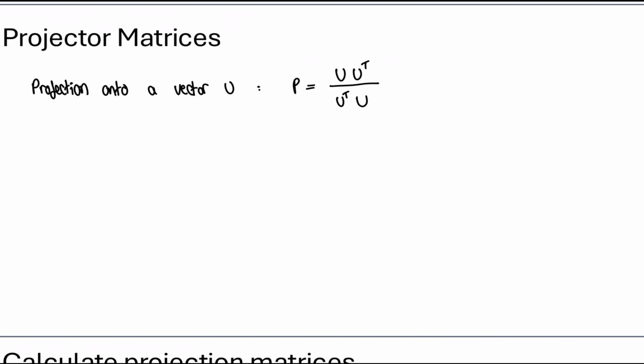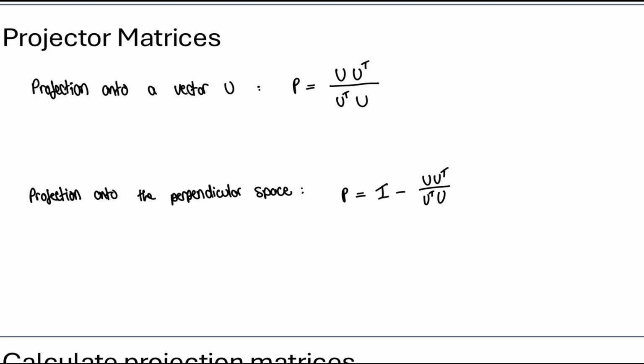And then if we wanted to find the projection onto the perpendicular space, we would do the identity matrix minus this. So what this first one is doing is projecting onto the gradient direction.